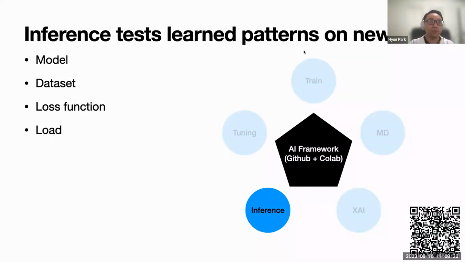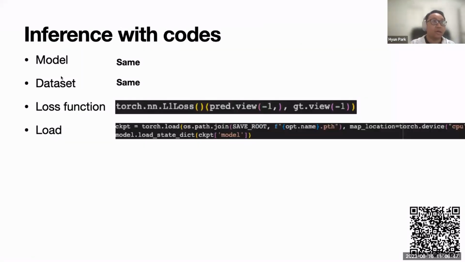So again, the third component after hyperparameter tuning and training is inference. That means once you are done with training a neural network model, what do you want to do? You want to use the model to do the test that you're interested in. You want to predict the property. So for that, we have a model that is the same as the training, and the data set also the same as the training.